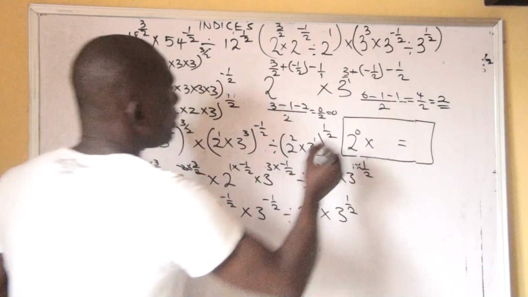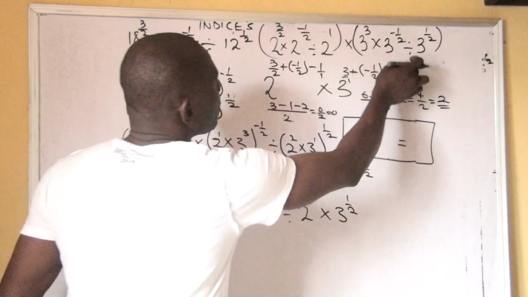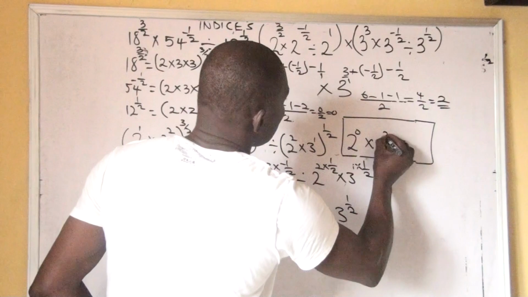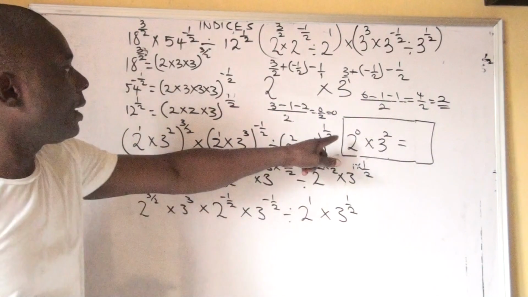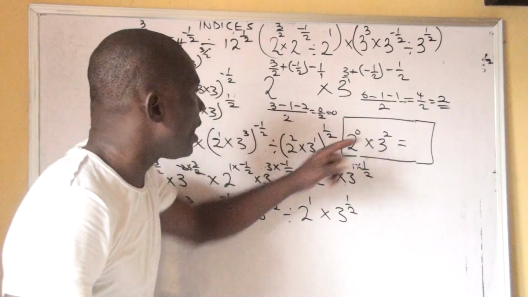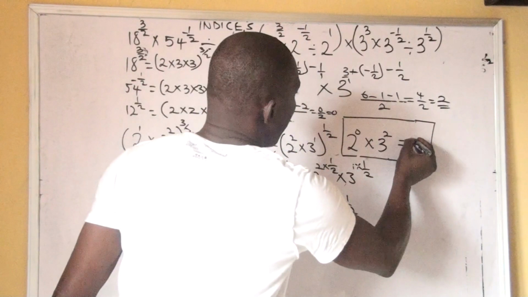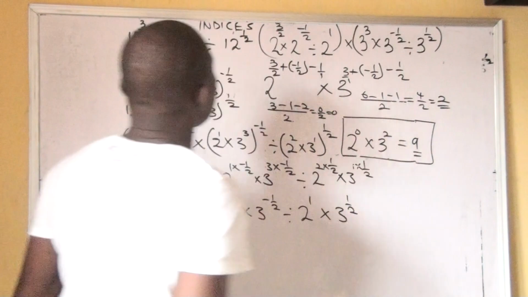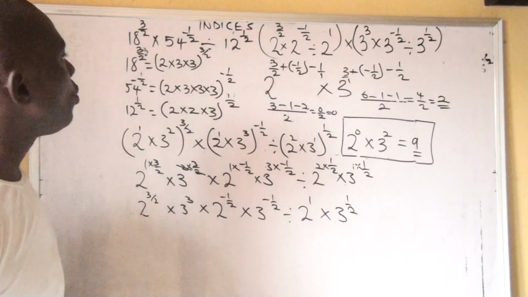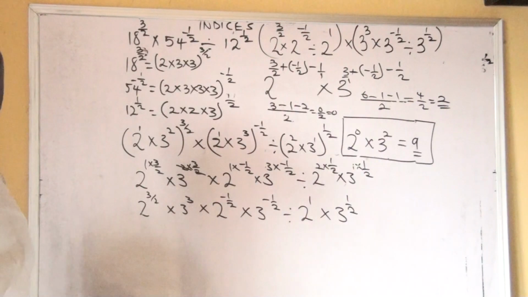So the whole of this power here will be 3 raised to power 2. And here 2 raised to power 0 is 1. And 3 squared is 3 times 3, that is 9. So our answer is 9. So the whole of this question, our answer is 9.